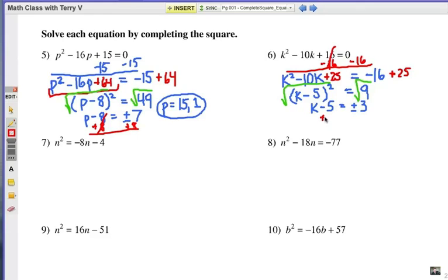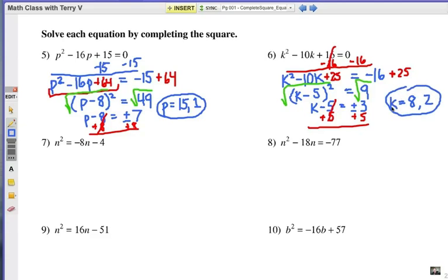Now, of course, my last step would be to add 5 to each side. What are our two answers for k? Well, the first case would be positive 3 plus 5, so that would be 8. And the other would be negative 3 plus 5, which would be a positive 2. So k could be 8 or 2.